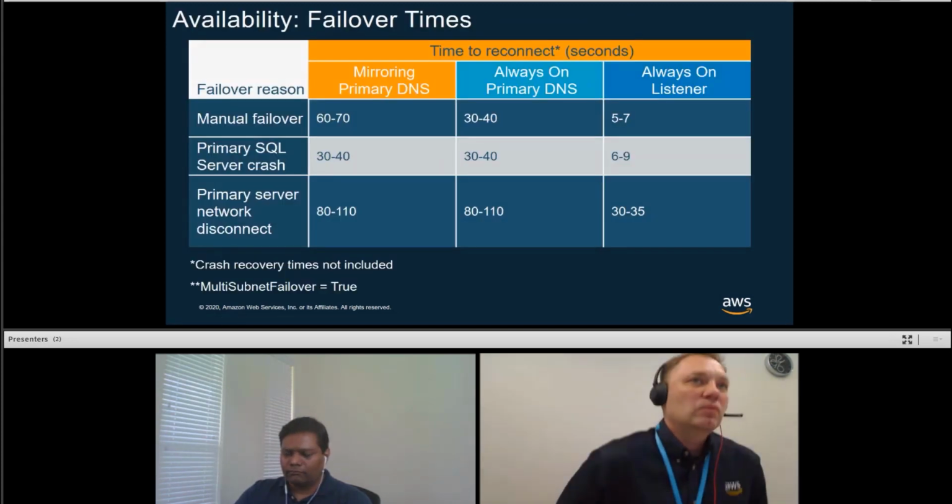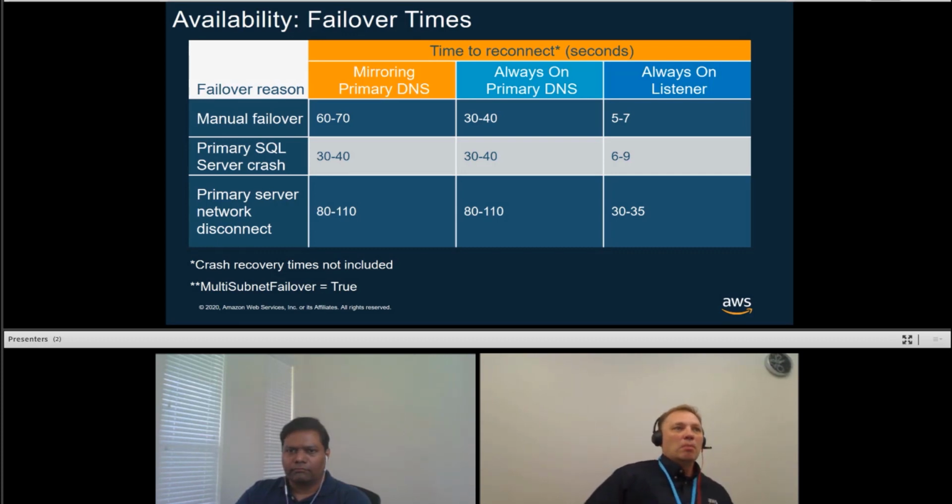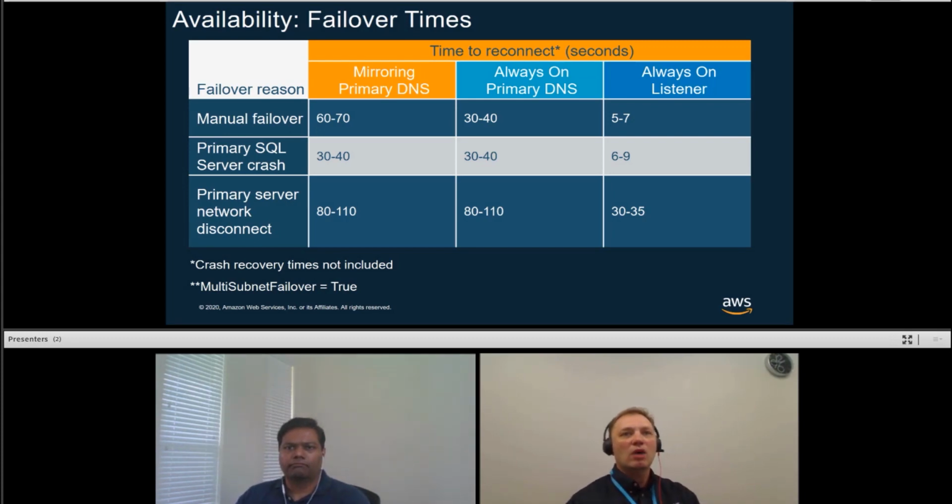Now, this is a very important slide. Multi-AZ and Always On availability groups is a very complicated topic, and we could be talking for hours just about that. But I felt like this is a very important slide, and I wanted to share it with you. I'm not going to talk about all the cases, but take a look at the last column. For those of you who are familiar with Always On availability groups, you know that AGs come with an Always On listener endpoint.